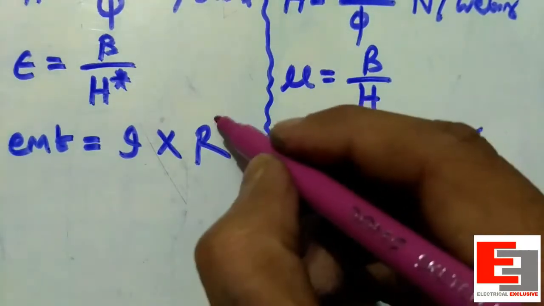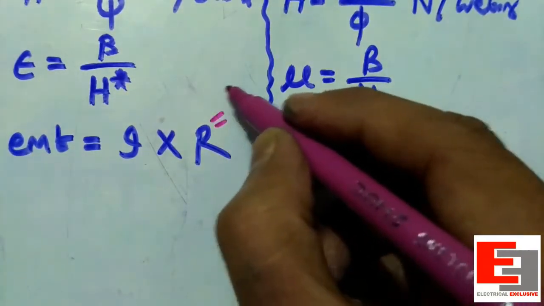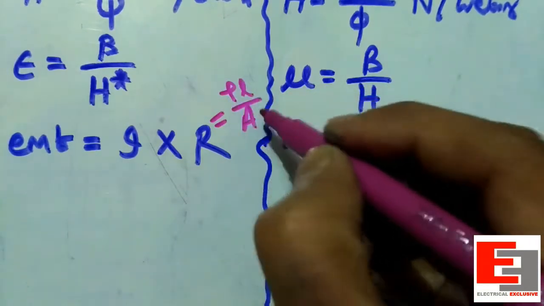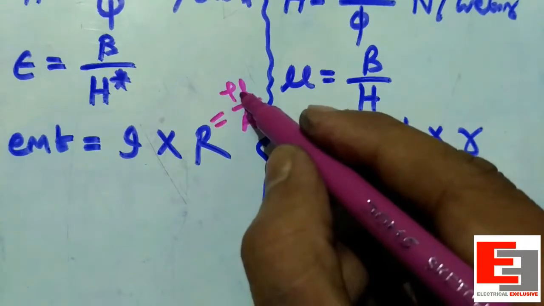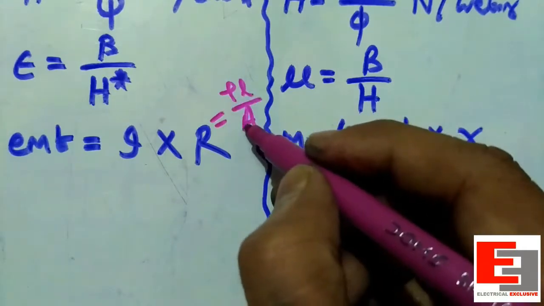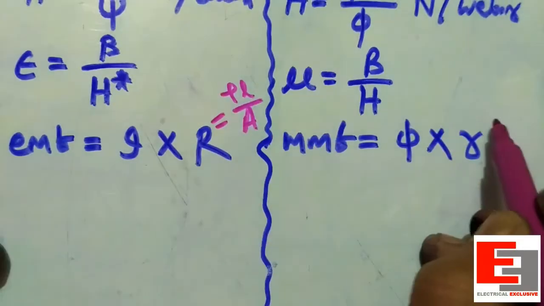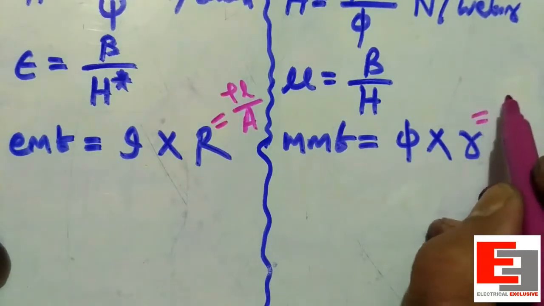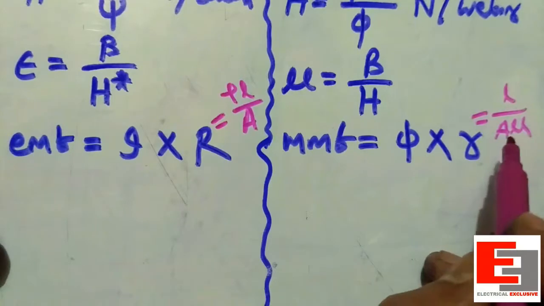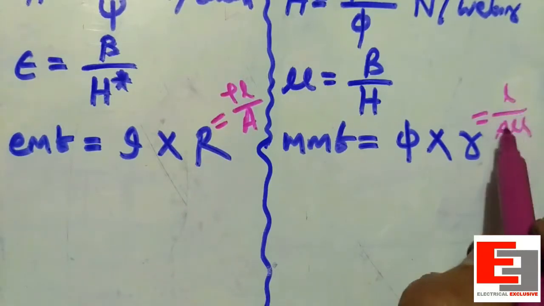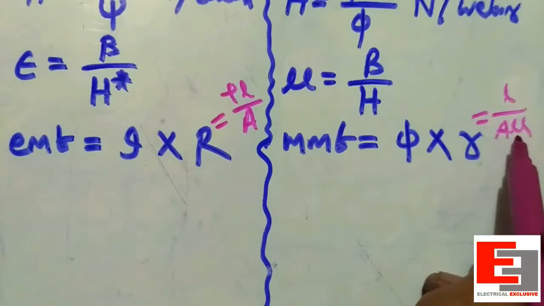Resistance R is equal to rho L by A. Rho stands for resistivity, L is length of the conductor, and A is area of cross section. The reluctance is equal to L by A mu. L stands for length, A stands for area, and mu is the permeability.